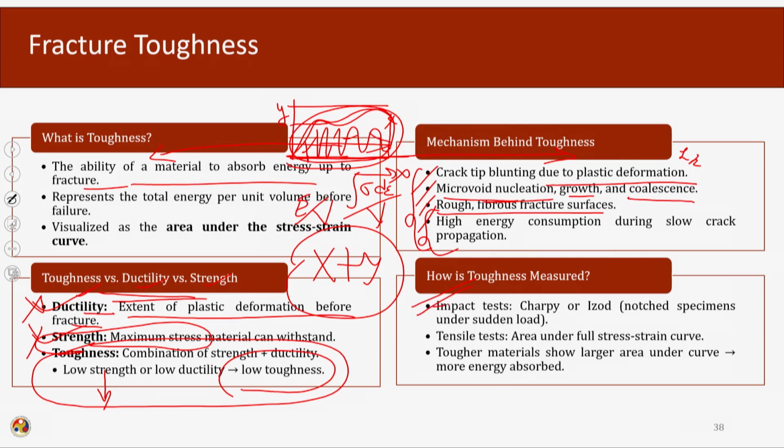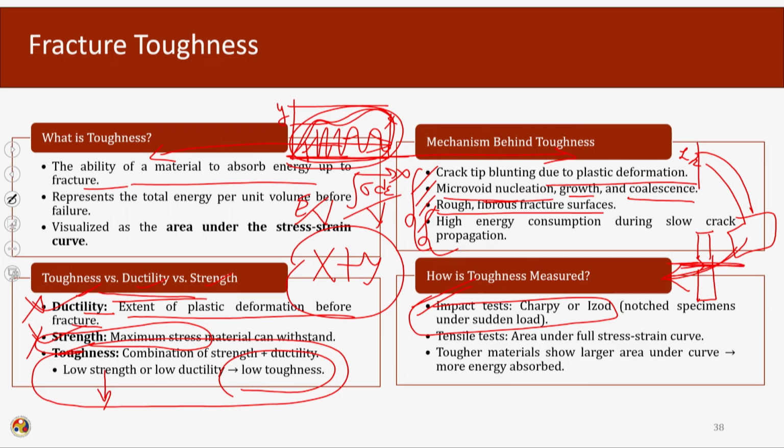How can we measure the toughness? We can measure the toughness using Charpy or Izod testing. Basically, we used to keep a notched specimen and there was a swinging pendulum, and we used to measure the total amount of energy required to cause this straight away fracture.